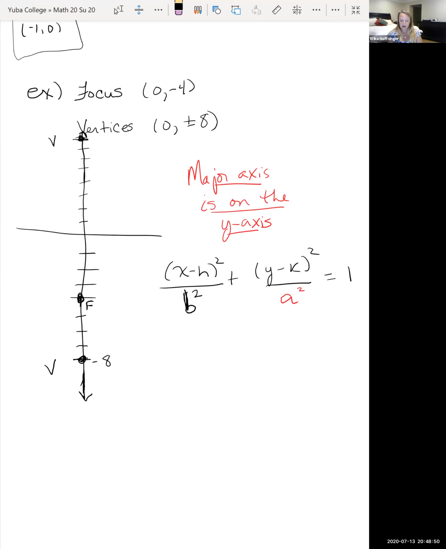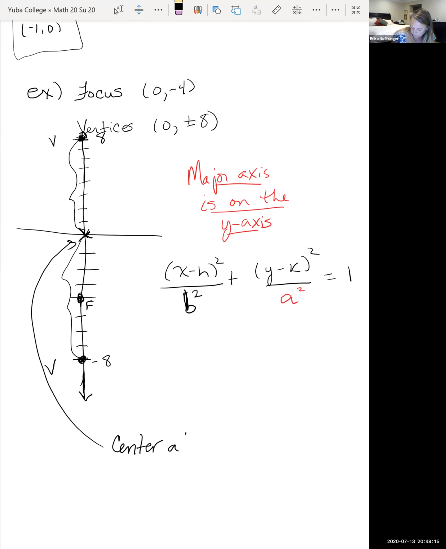So also plotting things, I can also tell right away certain things. In this one, notice our center. If I have a major vertex at +8 and I have a major vertex at -8, my center is always halfway in between. So this must be my center. Remember the major axis?